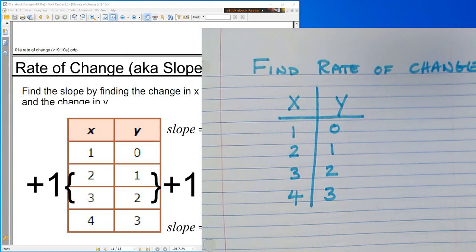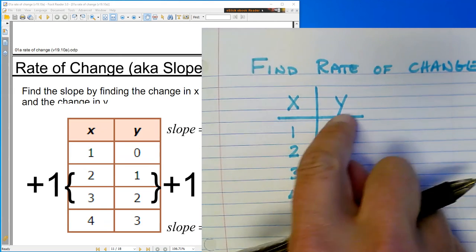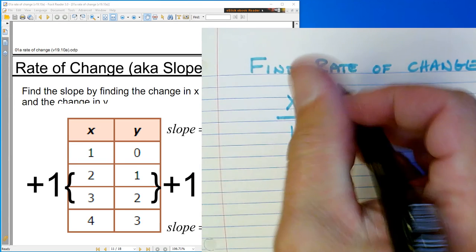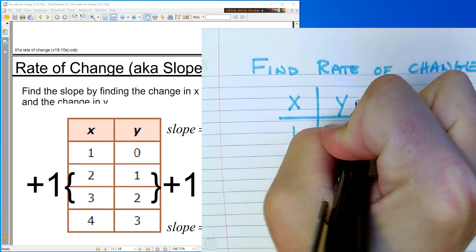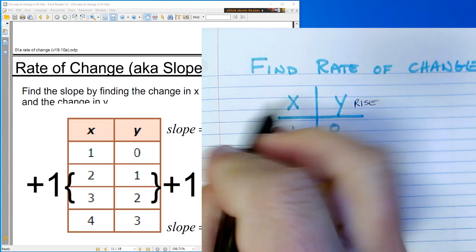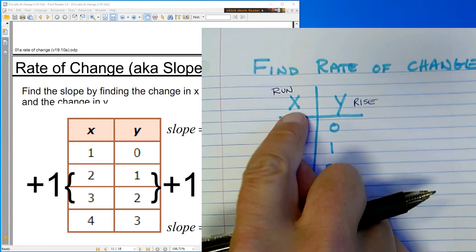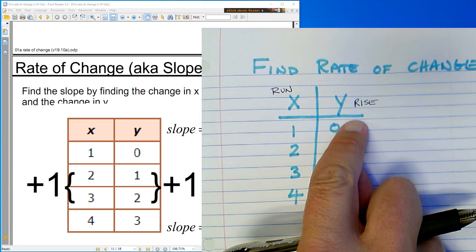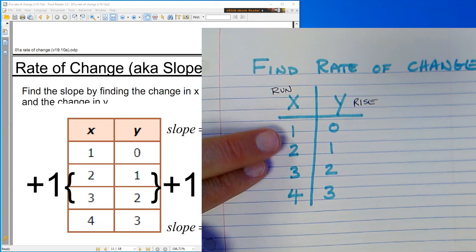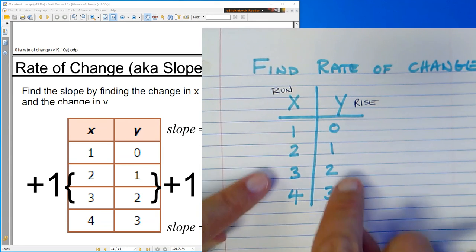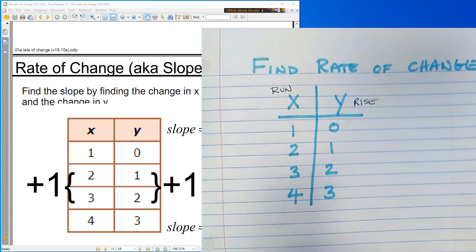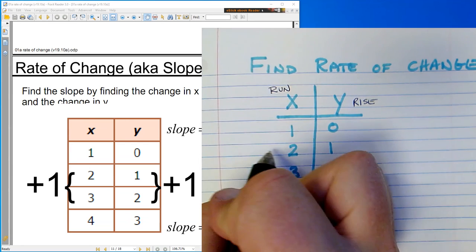So what I'm going to do is find the change in y, which is the rise, and the change in x, which is the run, because x is the running axis and y is the rising axis. It does not matter which points you use. I could use these two or those two, but I'm going to take any two and find the change.